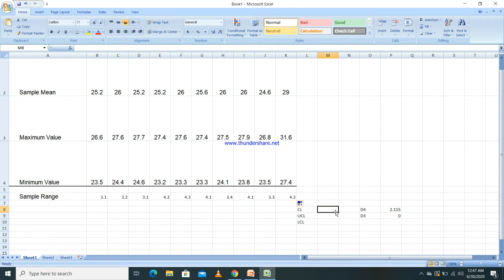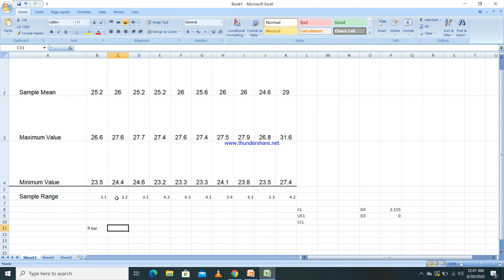And when it comes to control limits, the central limit is equal to R bar. R bar means the average of the range values.